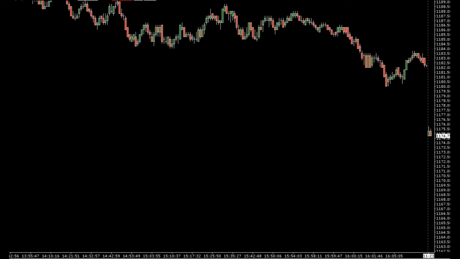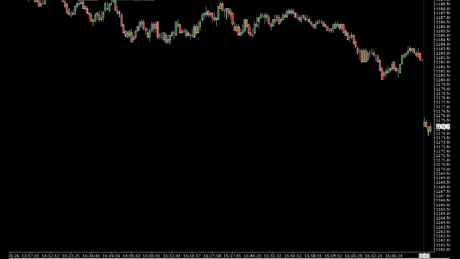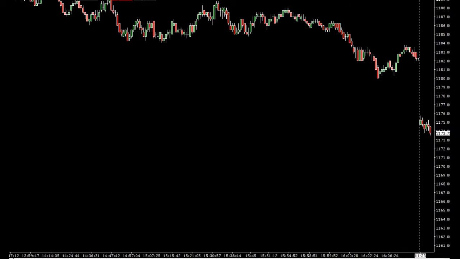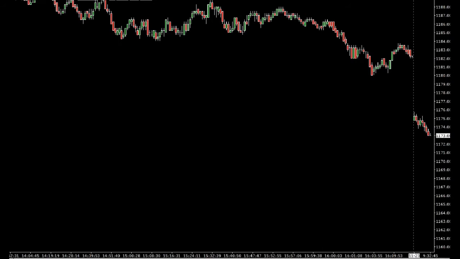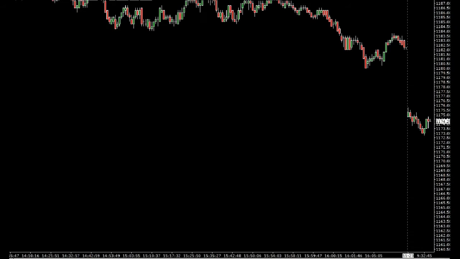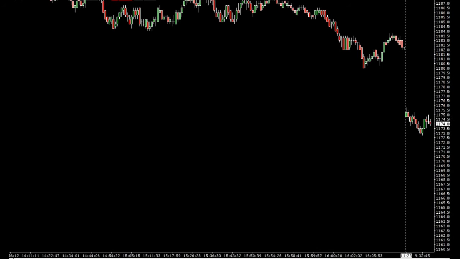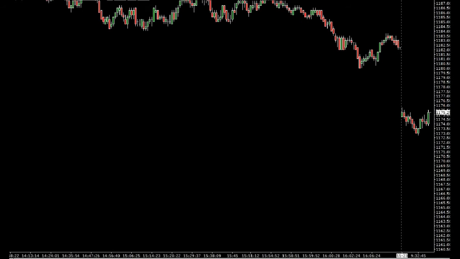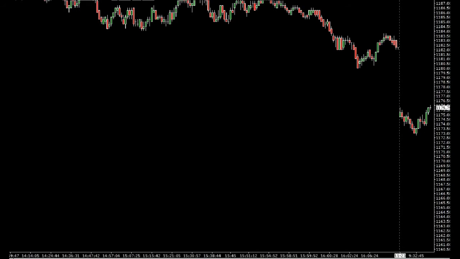This is a volume-based candlestick chart, and I've not put any indicators on there so that we can just have a look at the action and try and understand what the type of open was. So if I just play the replay, we can see that initially there's a small move down, followed by a test upwards.